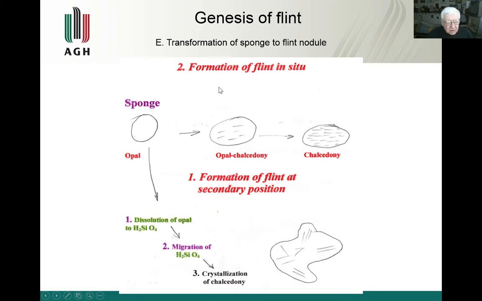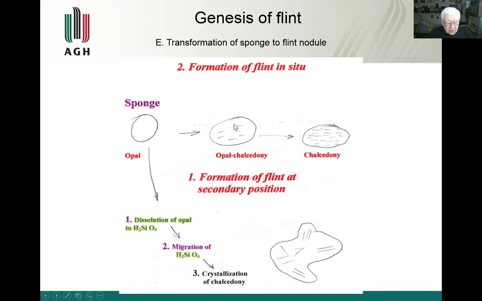Because of the pressure of rocks present over this horizon of flints, the flints are stressed by the overlaying rocks, and during the crystallization of opal into chalcedony small crystals of quartz appear, but these small crystals grow in a direction parallel to the direction of the sediment. This means parallel to the texture of the sediment.